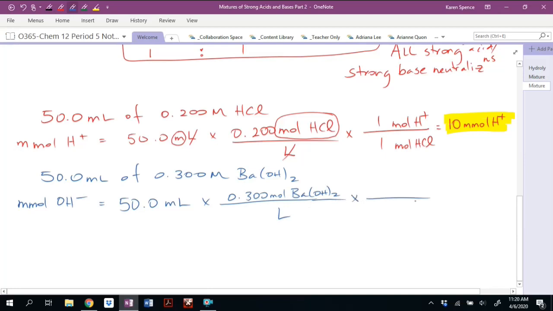times, and let's see, now notice here we have a 2 down at the bottom of the BaOH2, so we're going to have 2 moles of hydroxide for every 1 mole of barium hydroxide.